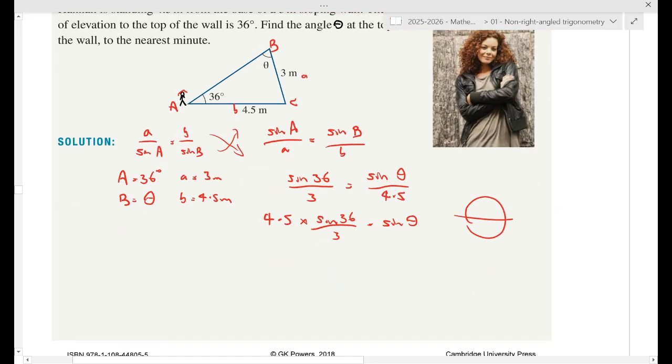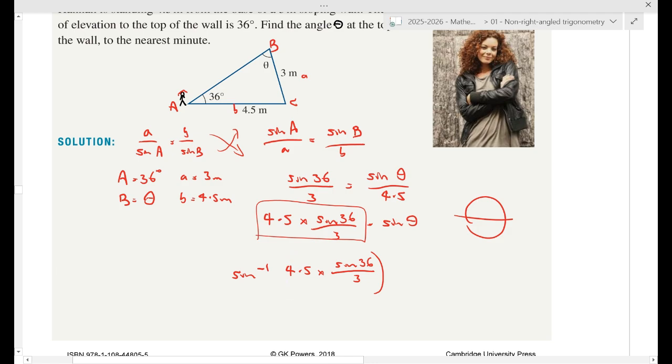Well, we've done it a few times now. We're going to use the inverse of sine. So that's that button. And then I'm just going to put all of this that I'm finding the inverse of sine of into the calculator. So 4.5 times sine 36 over 3 and close my bracket there.